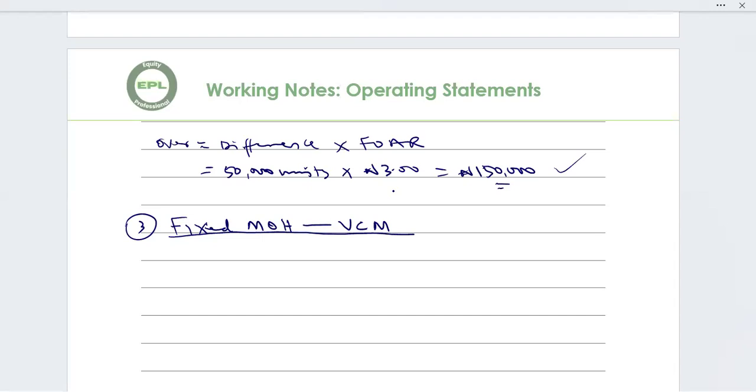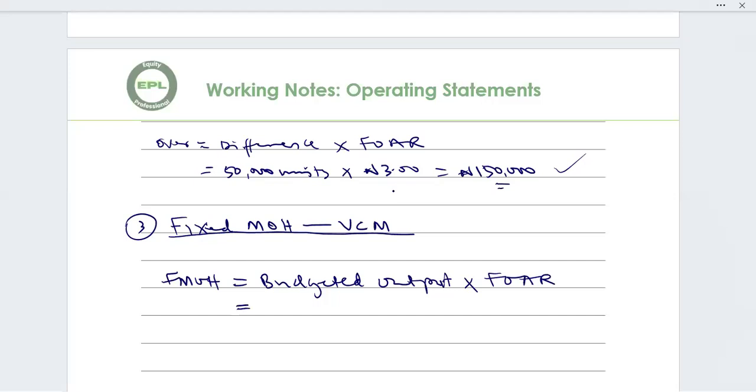So in this case, if I want to determine my fixed manufacturing overhead or fixed production overhead, if it is not given to me in Naira, it is supposed to be calculated as the budgeted output multiplied by the fixed overhead absorption rate.